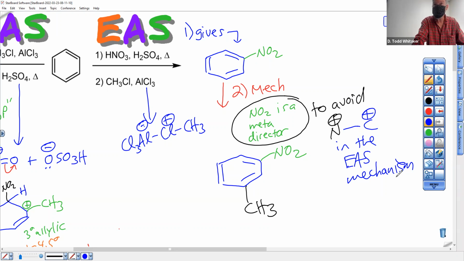Lone pairs stabilize cations even better by resonance. They are also ortho-para directors. Groups that have an atom attached to benzene, and that atom is either a cation or a delta plus, which is very positive without being a cation. Every one of those, meta director. Why? So you can avoid a carbocation adjacent to that positive atom or the slightly positive atom.